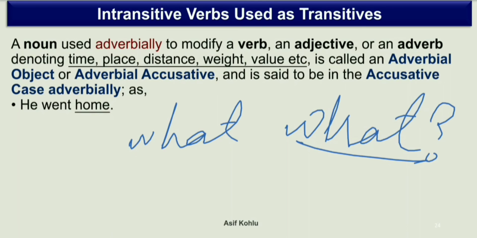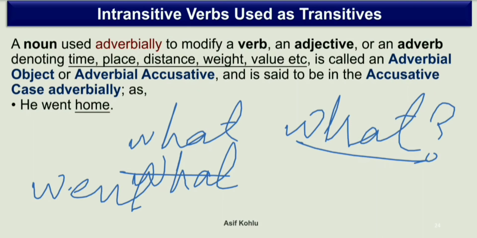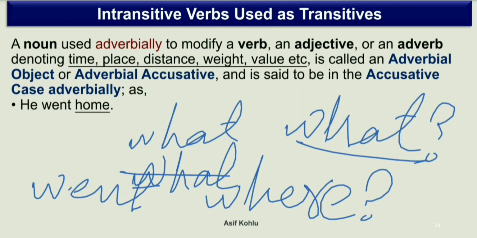That is why we may not say that it is an object of the verb. Instead we put the question, went where? After putting the question where, we exactly get the answer home.